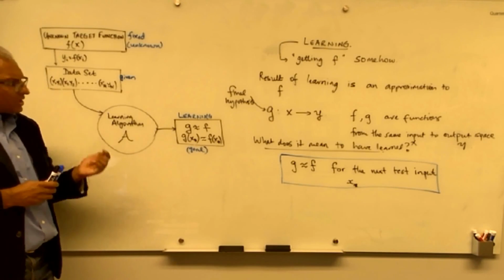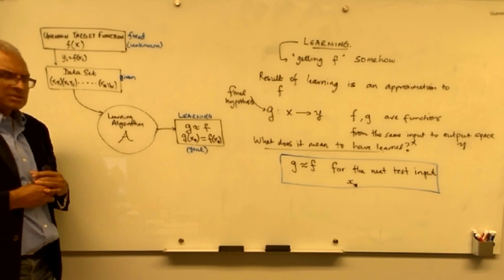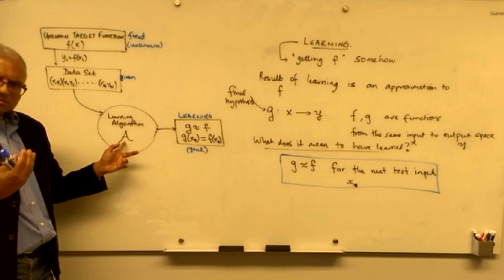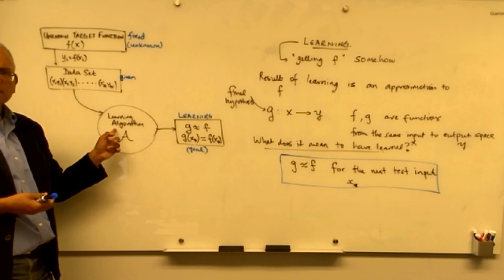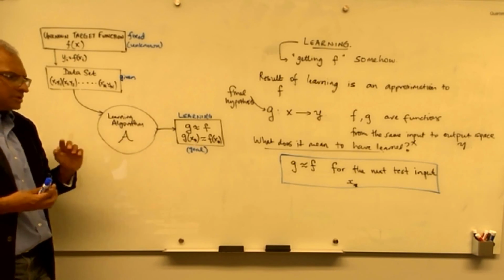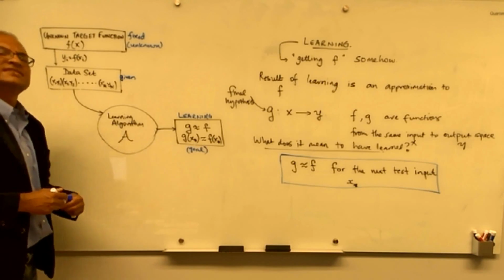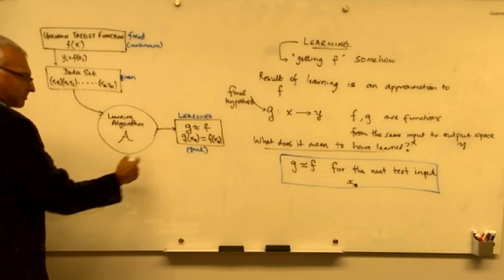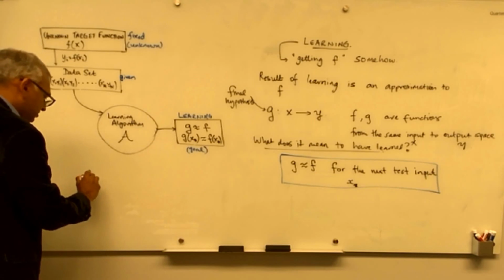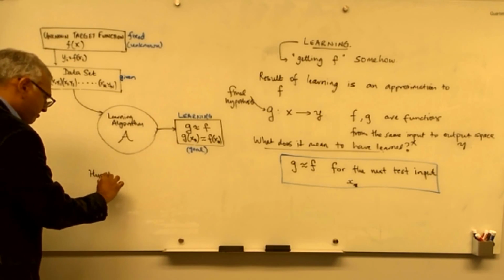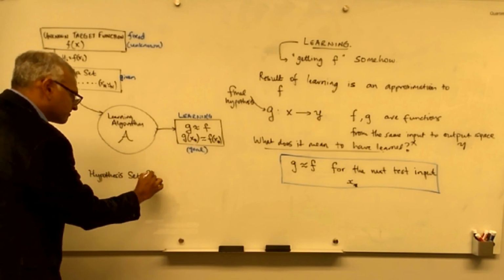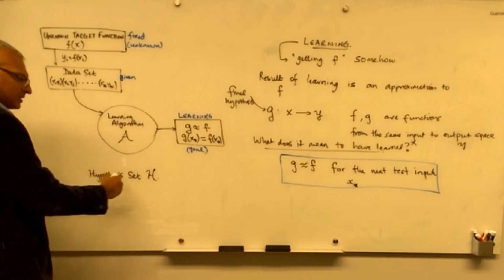But what I can do in some senses is narrow down this A to a plausible type of learning algorithm, one which says the following. I'm going to define a hypothesis set. So I'm aiming to pull out a final hypothesis G. So let me define a hypothesis set. Let's call it script H. And what is this hypothesis set?